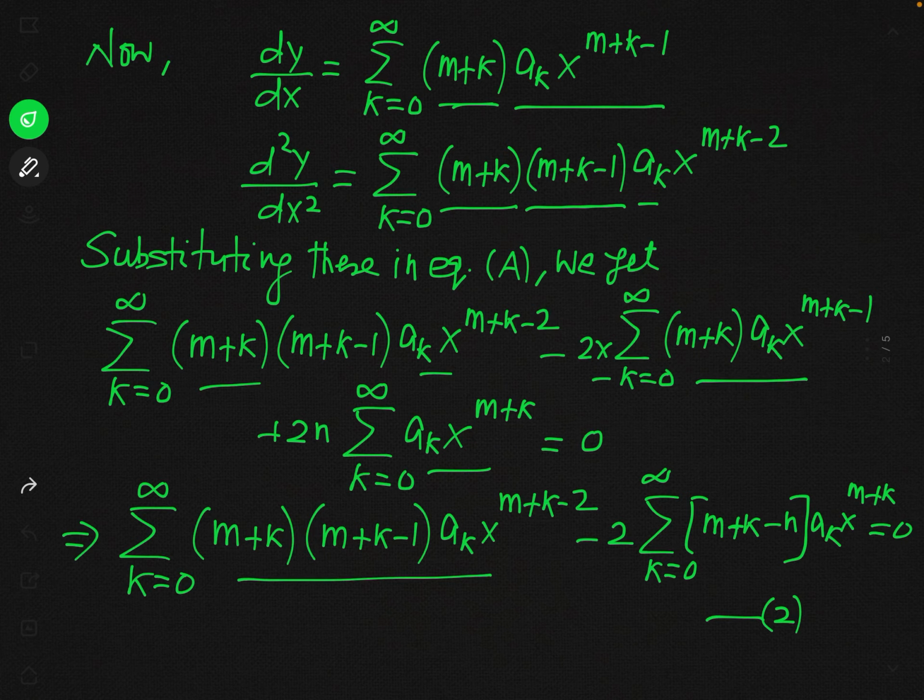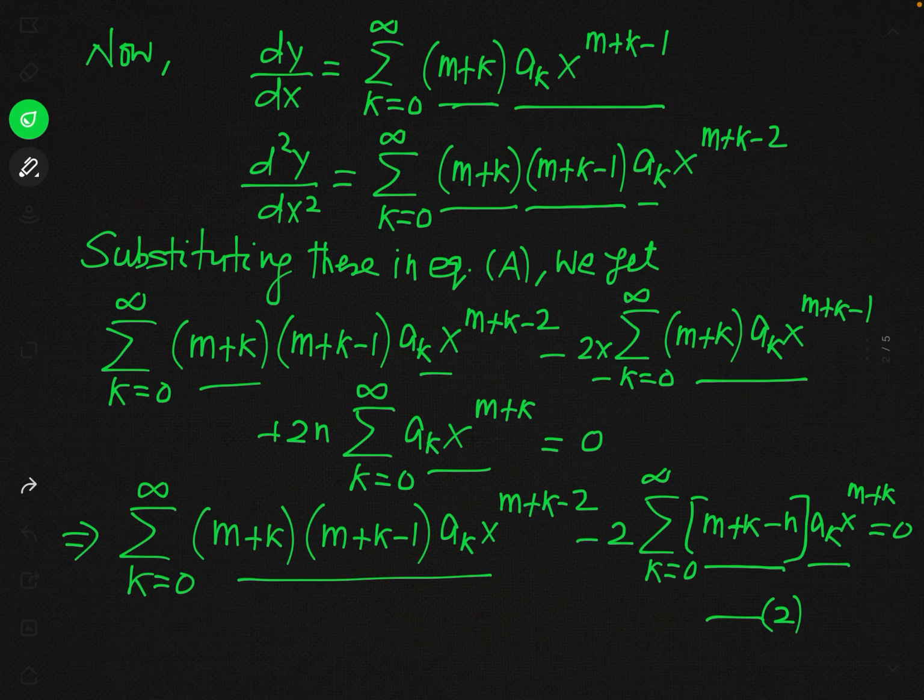So we will take ak x raised to the power m plus k as a common factor, and the remaining terms will be minus 2 summation k from 0 to infinity of (m plus k minus n) ak x raised to the power m plus k equal to 0.